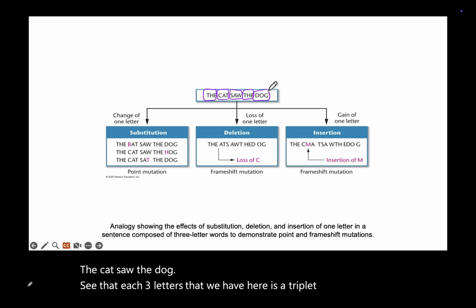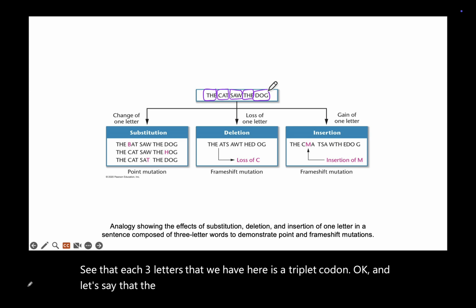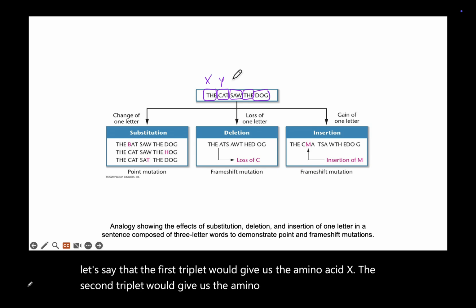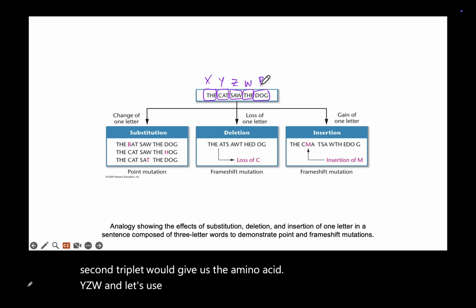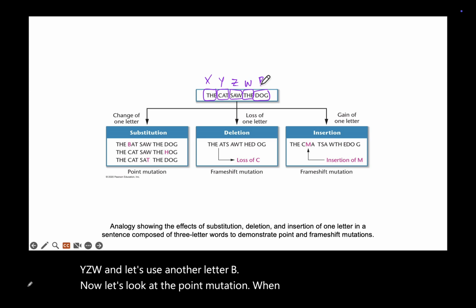And let's say that the first triplet would give us the amino acid X, the second triplet would give us the amino acid Y, Z, W, and let's use another letter, B. Now, let's look at the point mutation when we change only one letter.